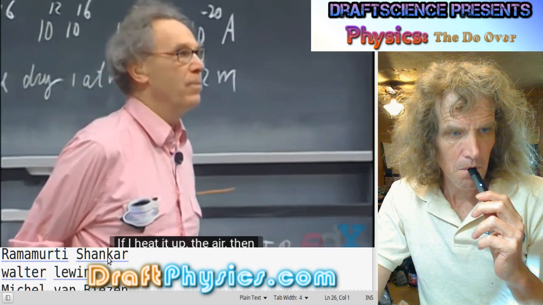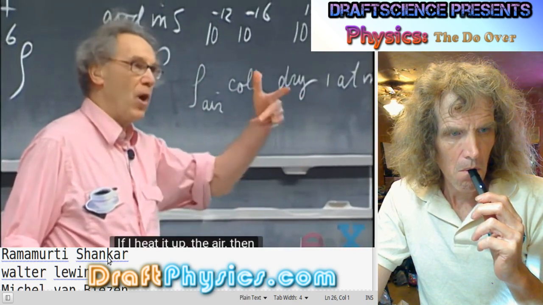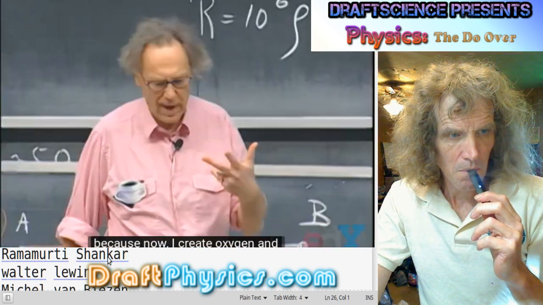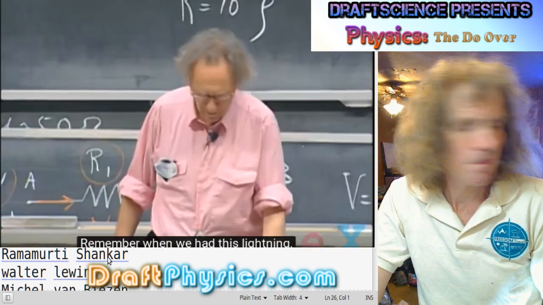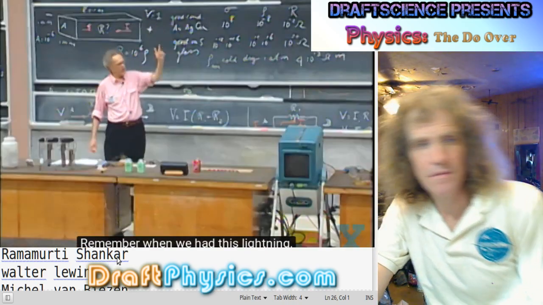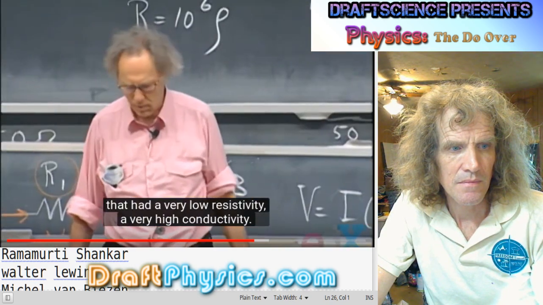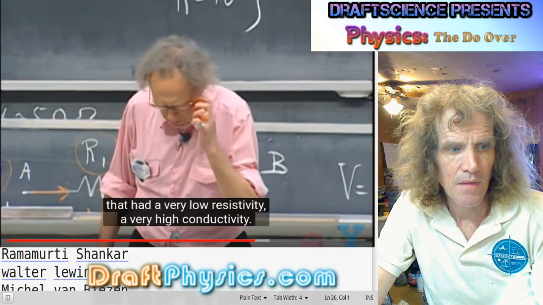If I heat up the air, then the conductivity will go up. Resistivity will go down, because now I create oxygen and nitrogen ions by heating up the air. Remember when we had this lightning, the step leader came down, and we created a channel full of ions and electrons at a very low resistivity, a very high conductivity.